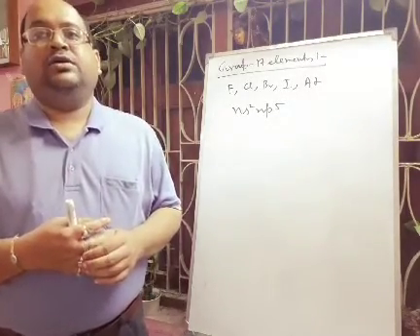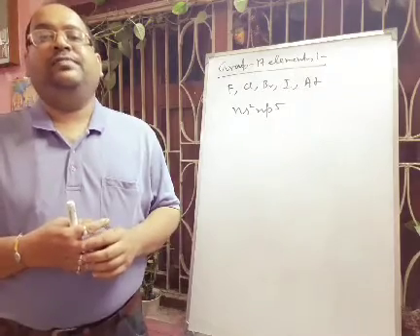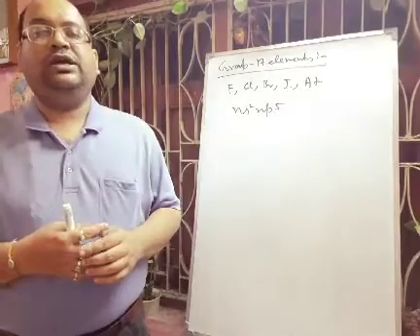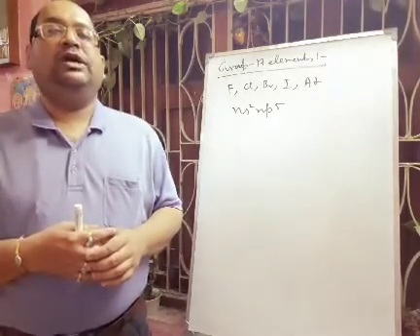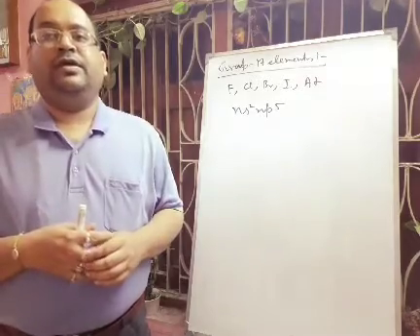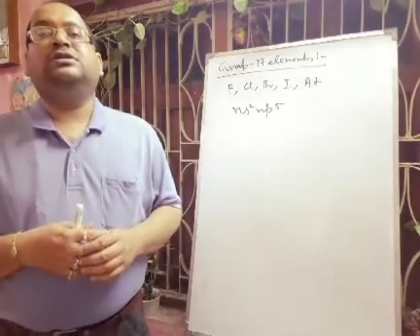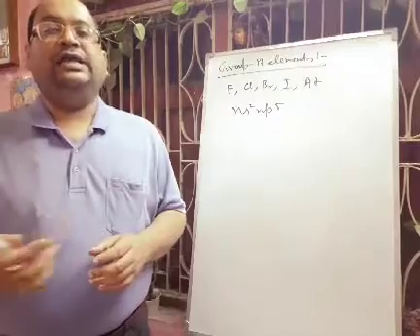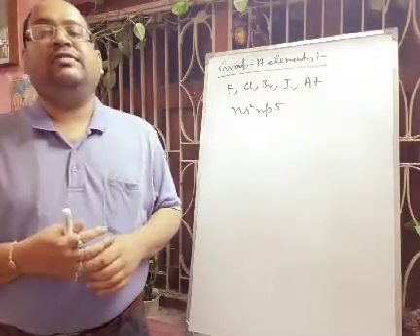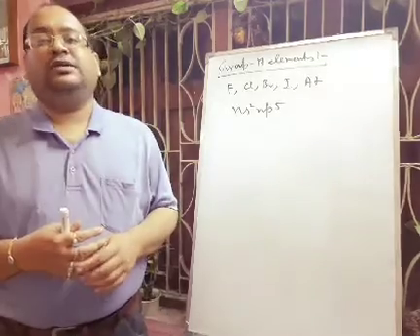The atomic radii increase when you go from top to bottom in a group. Why? Because in each period you are adding a new shell, so successive addition of new shells increases the atomic radii from fluorine to chlorine to bromine to iodine to astatine.